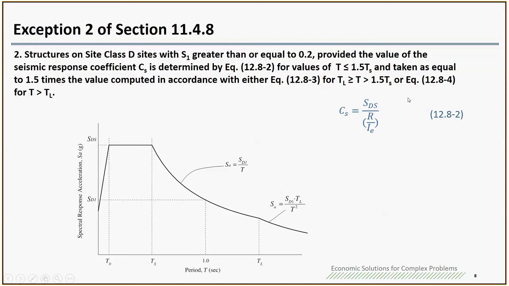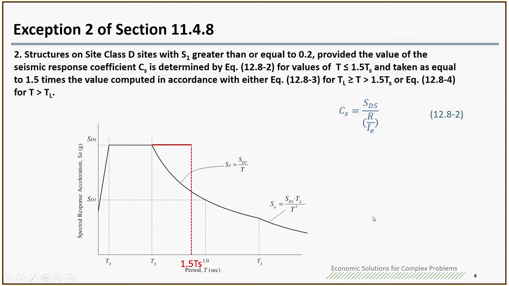For this first part, it just says you have to take this plateau value up to 1.5 TS. So your plateau doesn't end at TS. Now you have to extend to 1.5 TS.